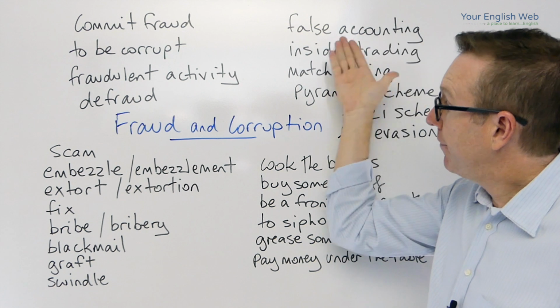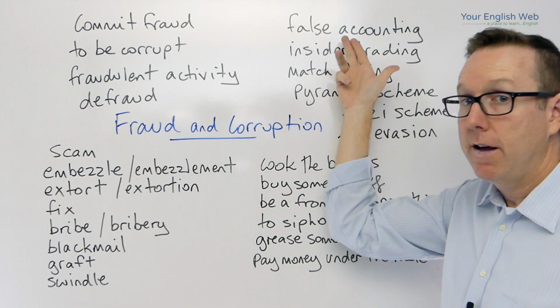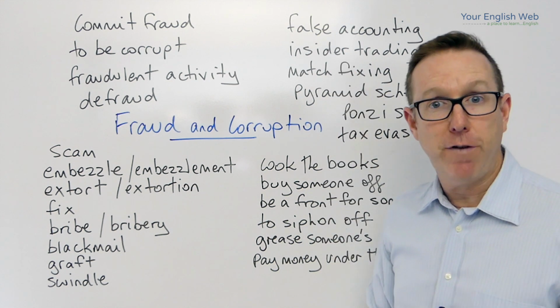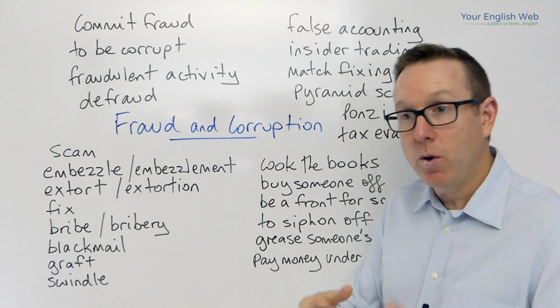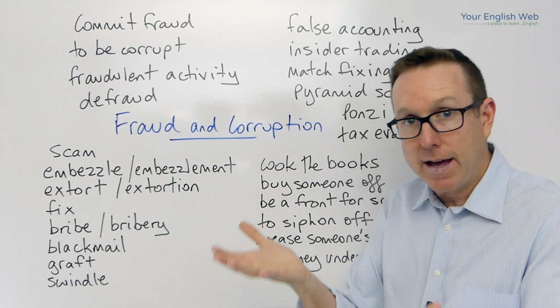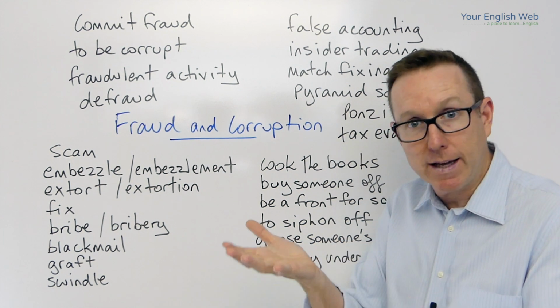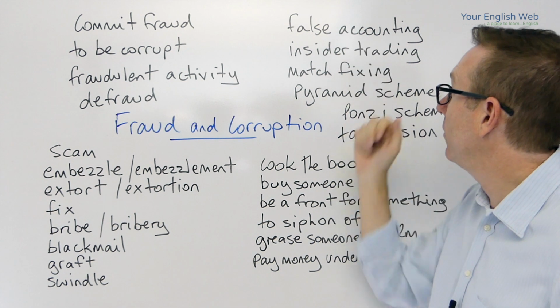Now, different types of corruption and fraudulent activity could be false accounting, where you have accounting practices that are legal and accounting practices which are illegal running at the same time, parallel accounting system, okay? So false accounting.